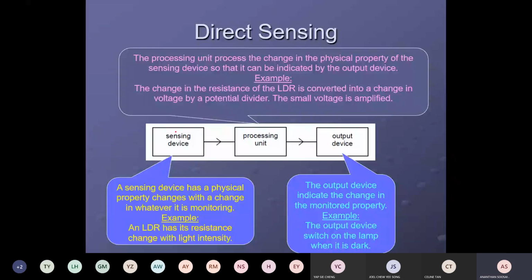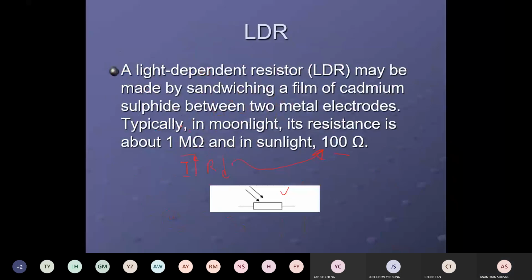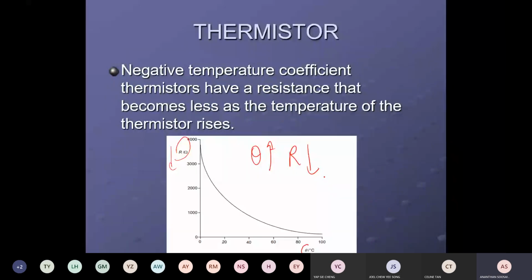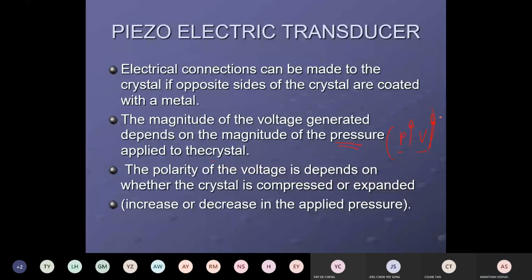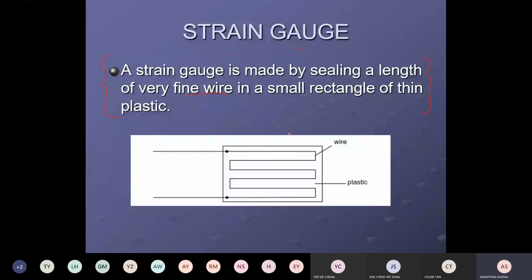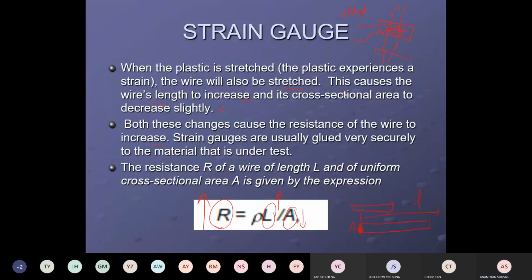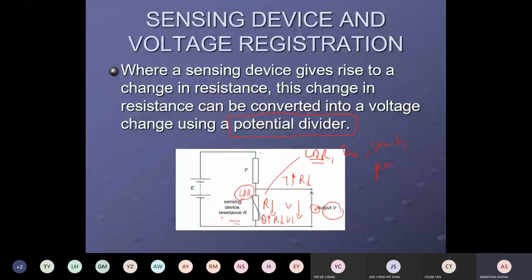Four in your syllabus: LDR, thermistor, piezoelectric transducer, and strain gauge. The piezoelectric transducer we'll discuss in depth in ultrasound later. LDR senses light intensity, thermistor senses temperature, piezoelectric transducer senses pressure, more voltage, and strain gauge senses strain, more voltage. They will be connected by the potential divider technique to the op-amp.